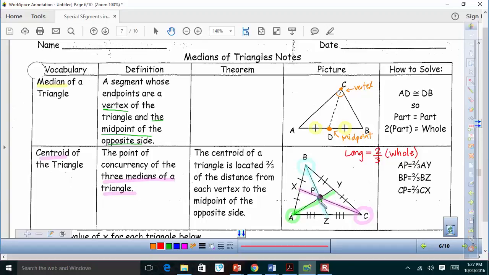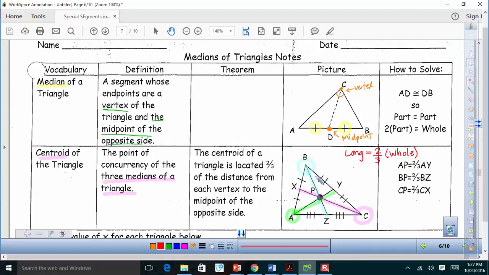So if we have a length of 12 and we split it by 3, what would that give us for each length? 4. Okay? And so if B to P is 2 of those 3 lengths, how long is B to P? 8. Okay? So this whole thing is 12.